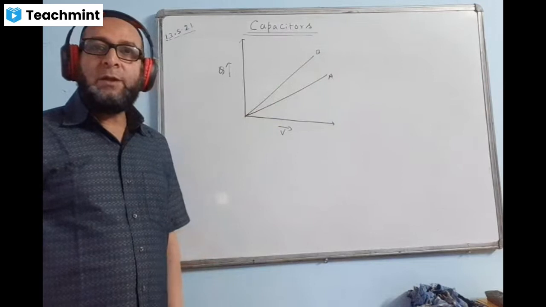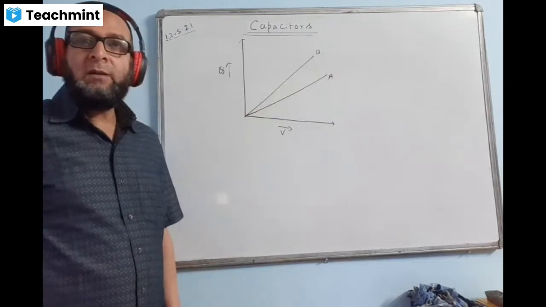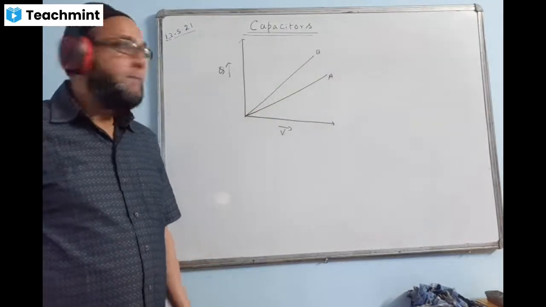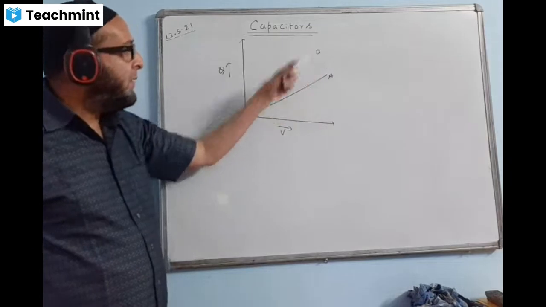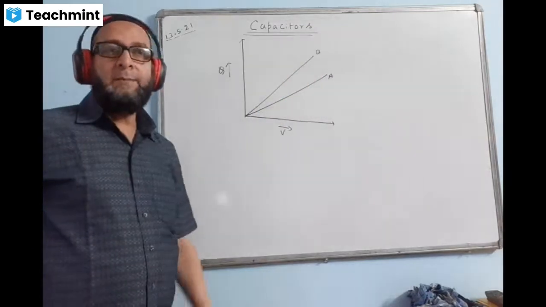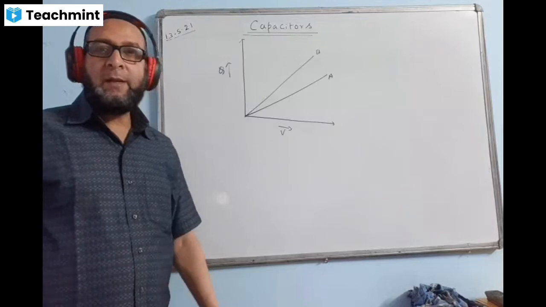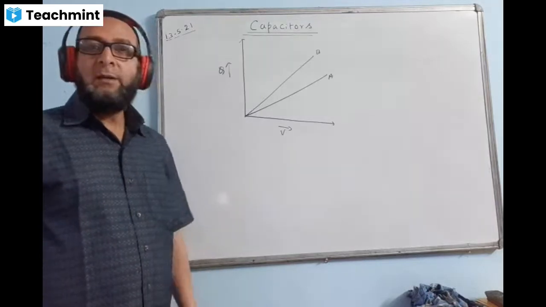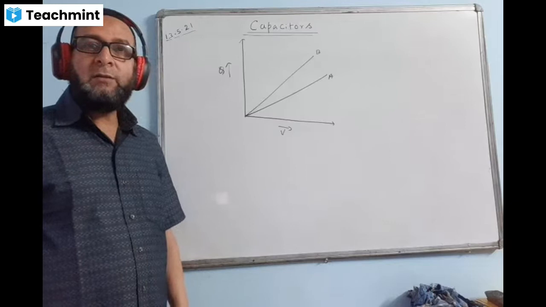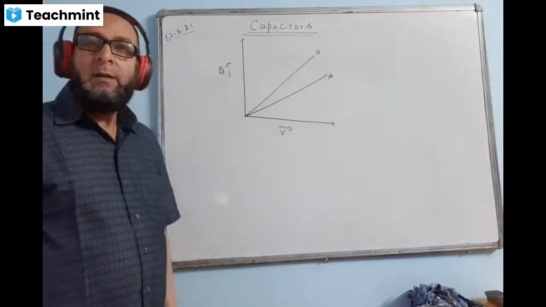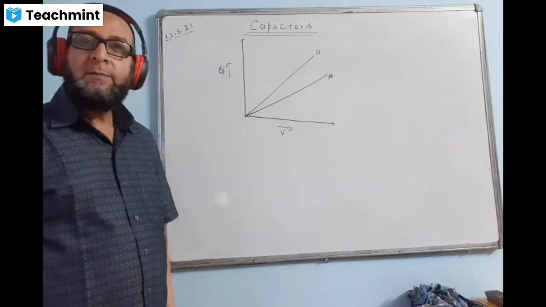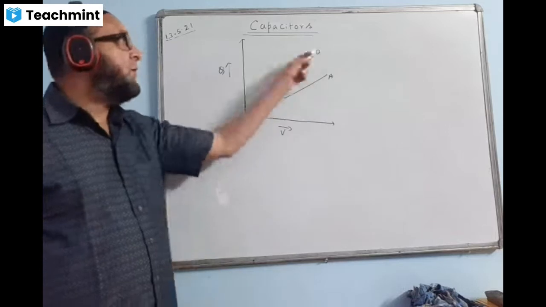What is the answer now? Think and tell me. There are 2 combinations given, A and B. A represents and B represents combination of capacitors, either series or parallel. So which one represents series? Tell me which one represents series here, and reason. What is the reason? Any guesses? Which one of them represent a series combination, A or B?